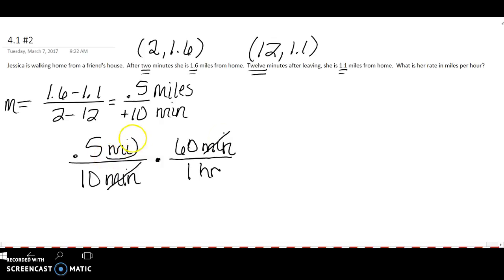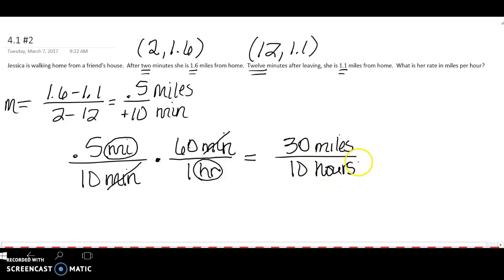This leaves me with miles per hour. So my units are now correct. Now I just have to do the math. Multiplying straight across, 0.5 times 60 would be 30. So I now have 30 miles per, it looks like 10 times 1, 10 minutes, or I'm sorry, hours.